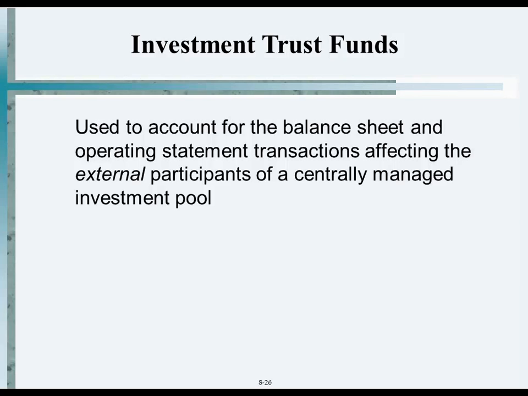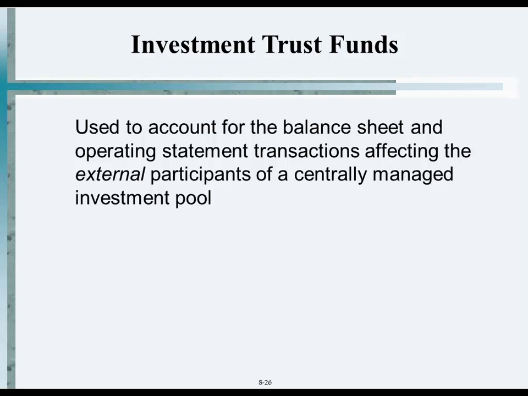Now, why I bring up internal and external is that investment trust funds are used to show activities of only external participants, not internal participants. The internal participants' activity would show up in the governmental fund, not here. So this shows only the activity of the external participants.